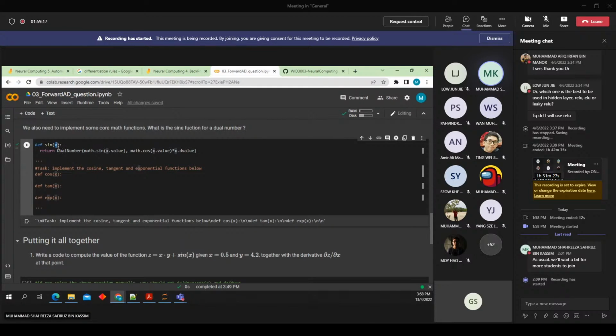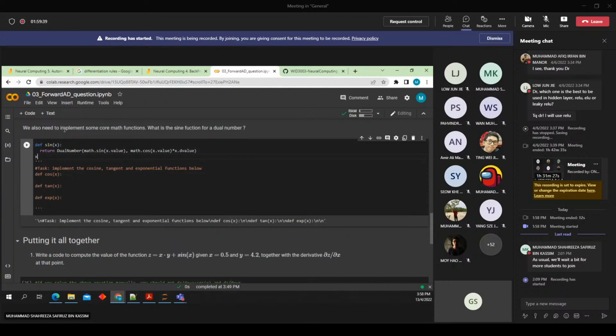Why can you do this? Because x is a dual number, right? Why is x a dual number? Because you can do x.value. If x were just a normal variable, then you couldn't return a dual number, because x is defined as a dual number.